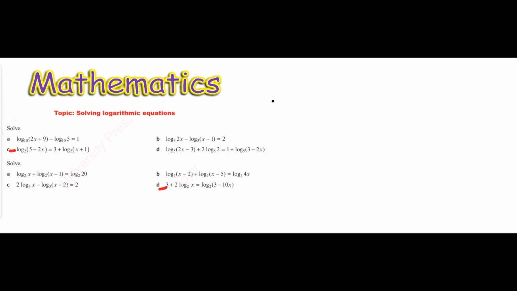The question says log of 5 minus 2x base 2 equals 3 plus log of x plus 1 base 2. Because they are in base 2, I can take this to the other side. Just be flexible about it.